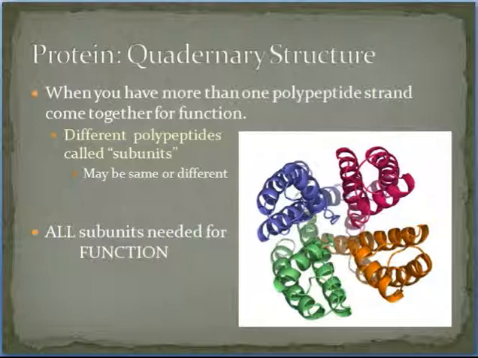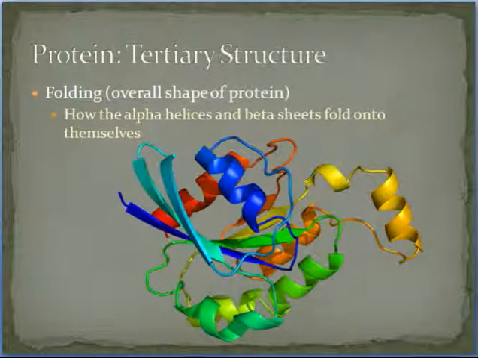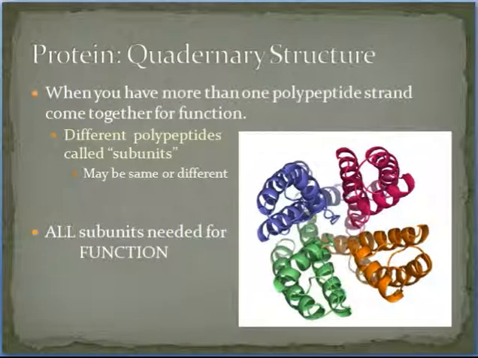Lastly, we have quaternary structure. When you had this tertiary structure, it was all the same sequence of amino acids. And what I mean by that is all the amino acids in this polypeptide chain were connected. It was one polypeptide chain. When you have quaternary structure, you get multiple polypeptide strands.